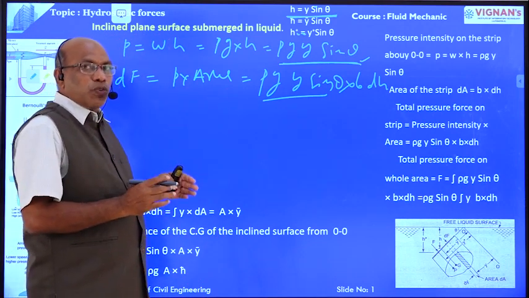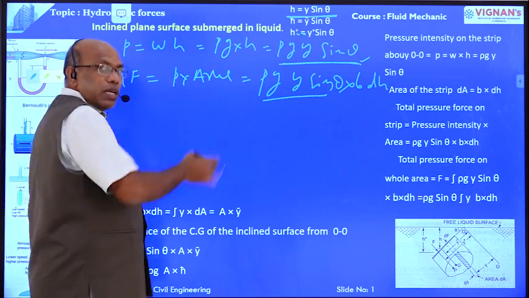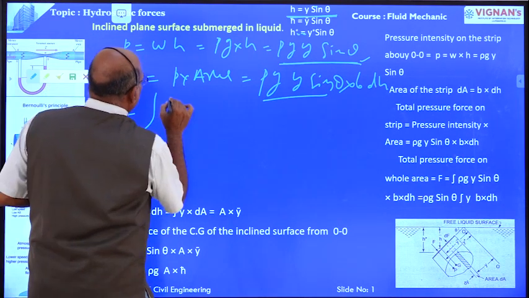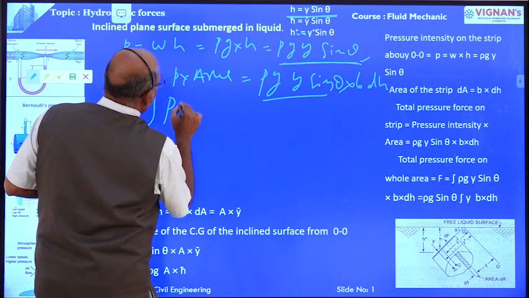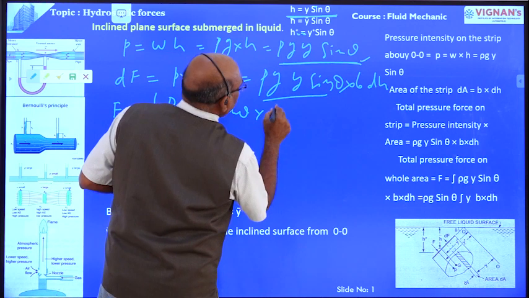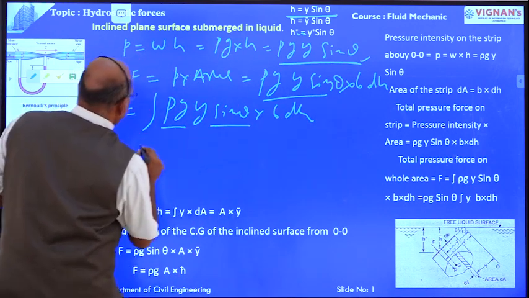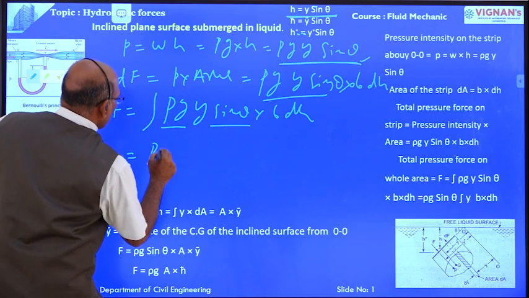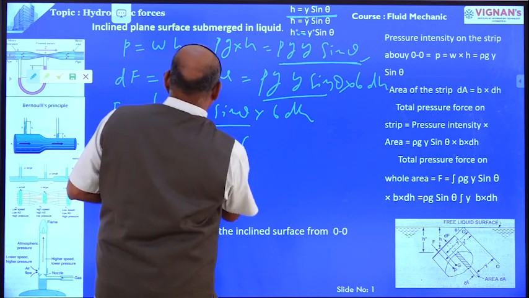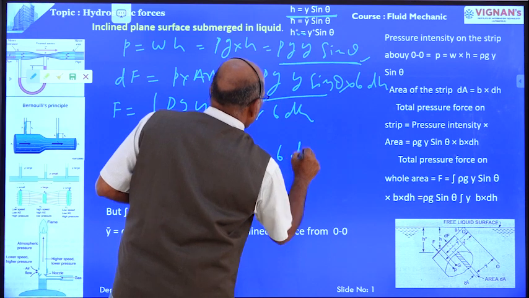Now the pressure force on the entire plane surface, the pressure force on the total surface, F is equal to integral rho g y sin theta into B dH. Now rho g sin theta taken out, therefore F is equal to rho g sin theta integral y b dH.